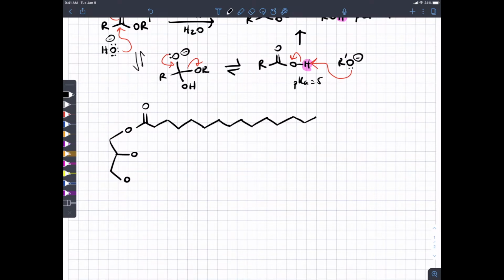And it's usually anywhere from 16 to 18 carbons long. Sometimes there are double bonds in the carbon chain, and we'll get to that later. But there are 3 of these carboxylic acids linked to the glycerol molecule via ester bonds.